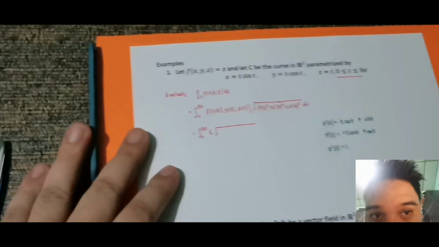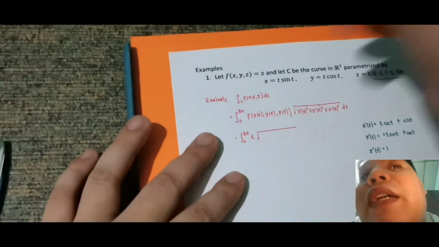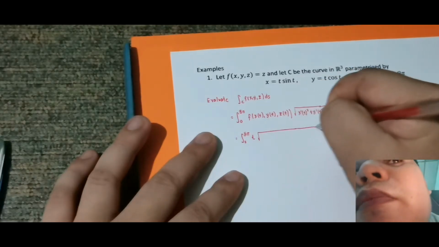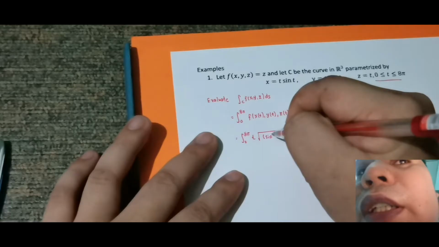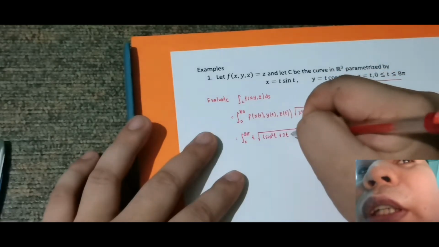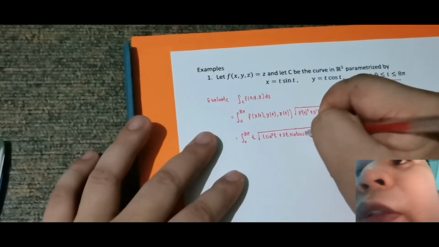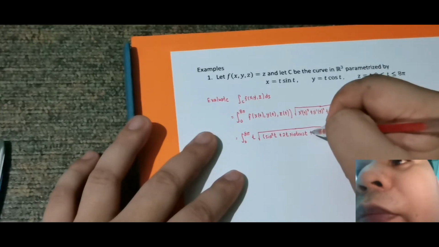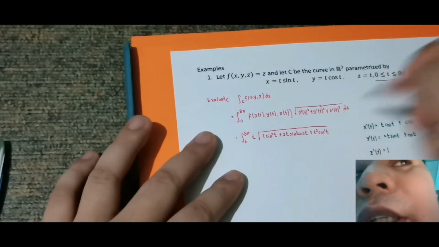So pag in-square siya, this is sin squared t plus 2t sin t cosine t, okay, plus t square cosine squared t.